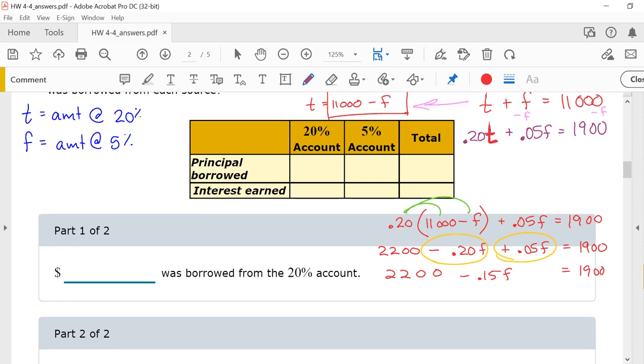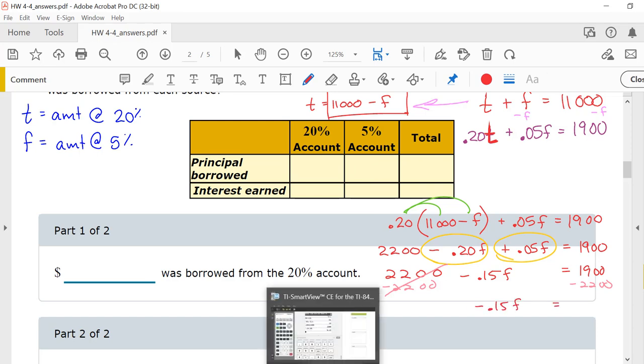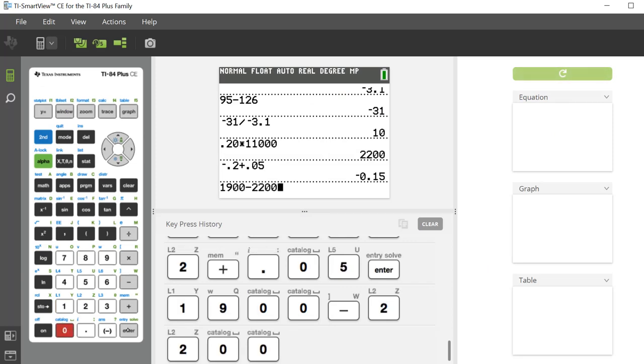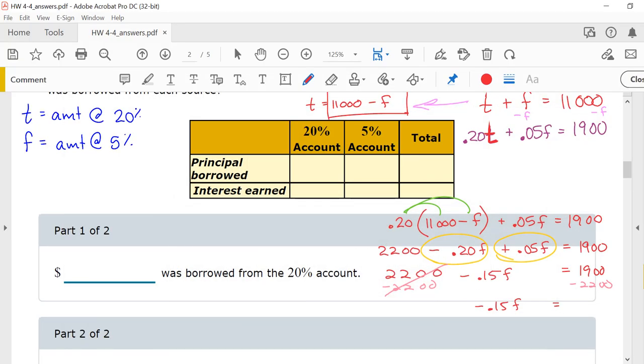Almost there. If I subtract 2200 from both sides, I have negative 0.15 F equals 1900 minus 2200, which is negative 300.